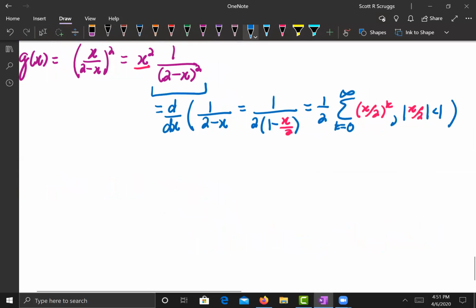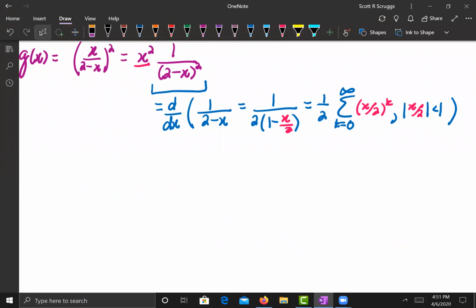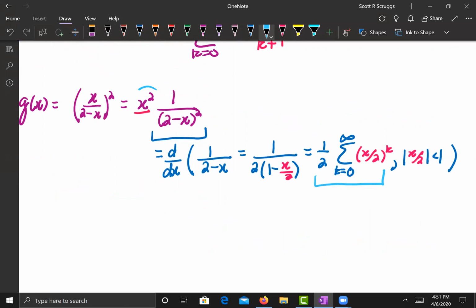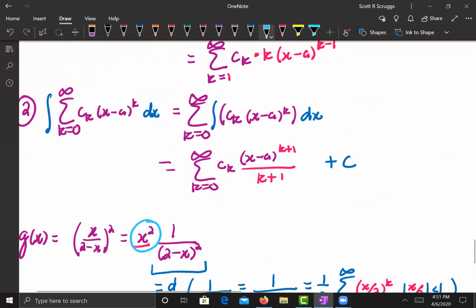And then what you mentioned, Anthony, that's what I'm going to do. I'm going to take the derivative of this power series that I just wrote to give me my brand new series. And then at the very end, I use the property that you mentioned before, which tells me that x squared gets to move inside. Would you use the derivative property or the integral property? Just because it is the derivative, that means I have to use property 1. Okay.